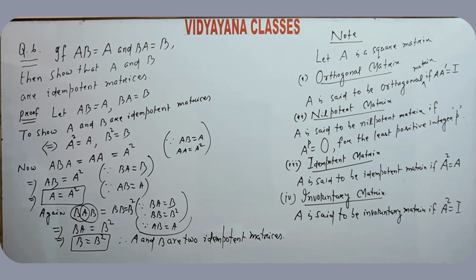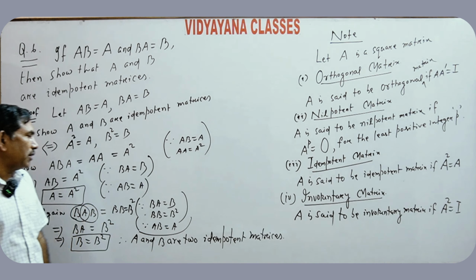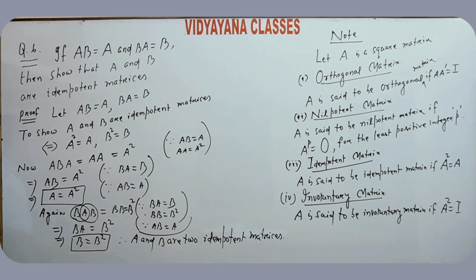Here, since A square is equal to A and B square is equal to B, according to this condition, A and B are two idempotent matrices. Clear? Okay. Write down.